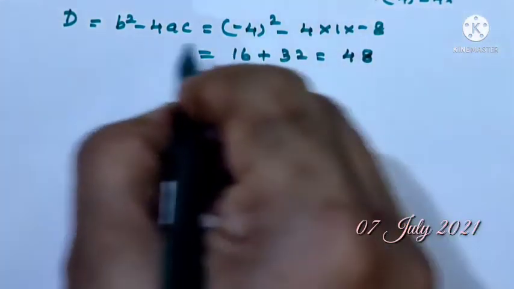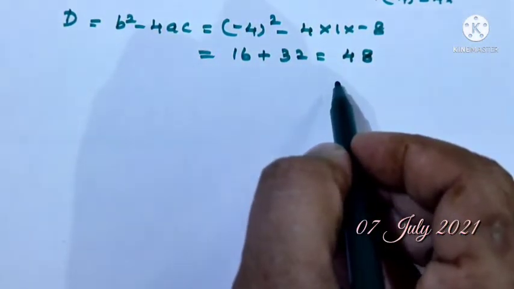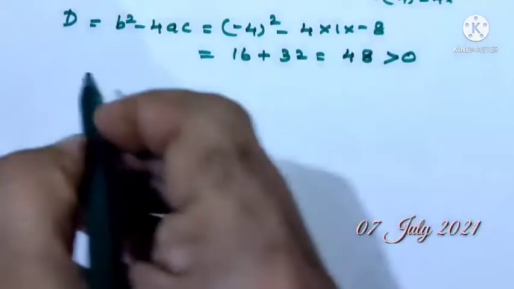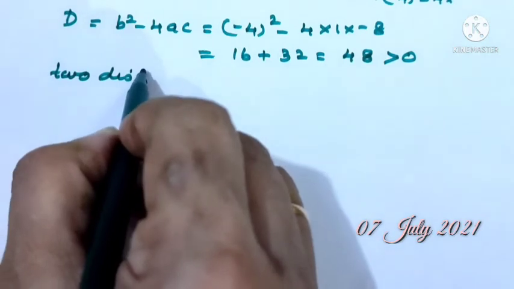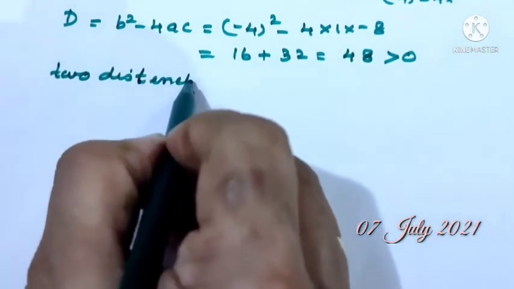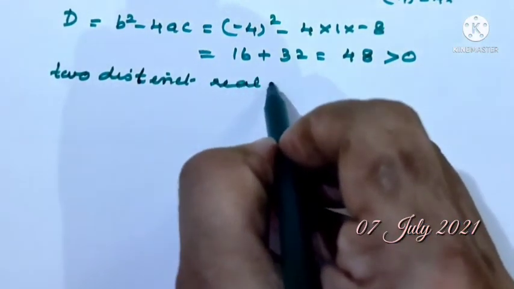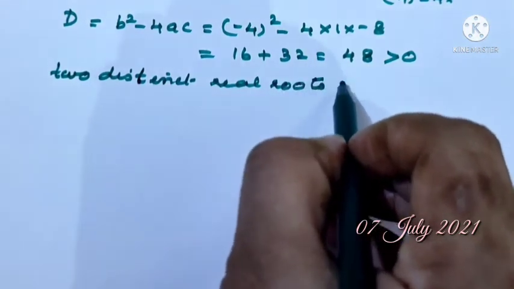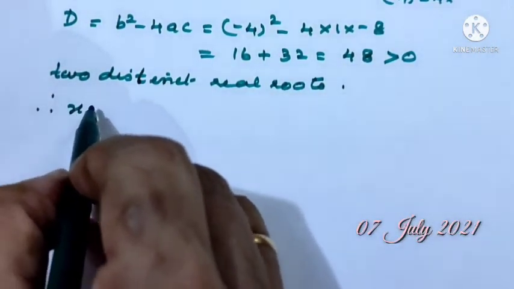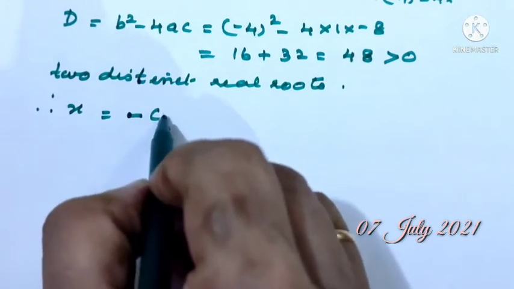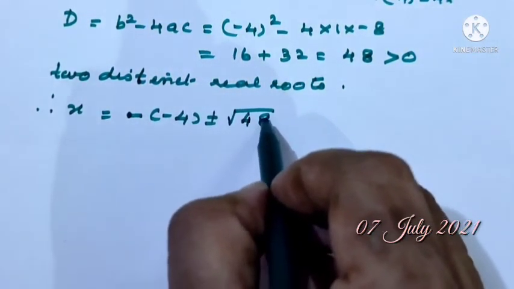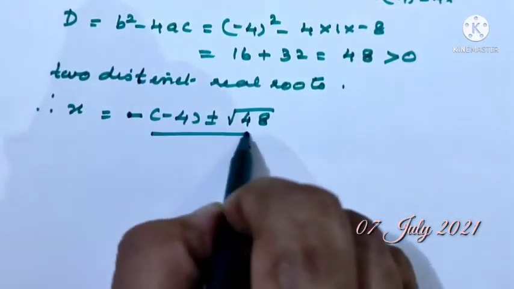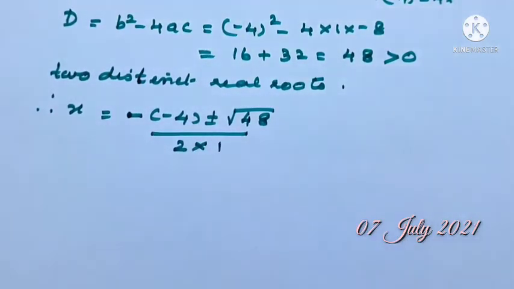Next, D equal to 48, which is greater than 0 only. So two distinct real roots are possible. Therefore x equal to minus b, minus of minus 4, plus or minus root of 48, divided by 2 into 1, right?